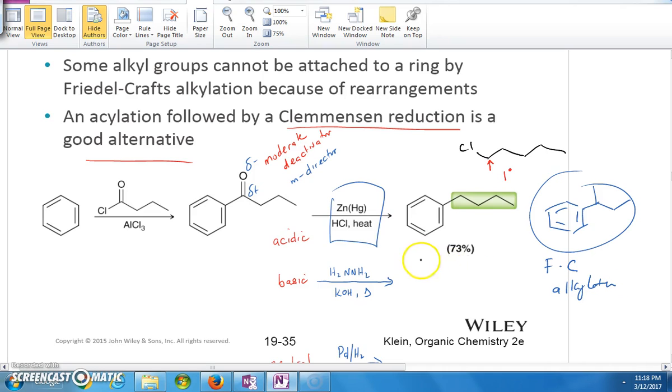So to get strictly this product, the best way to go about it is to do an acylation, in which case you get this, and then in the presence of Clemmensen reduction, you can reduce the carbonyl to the alkyl group.